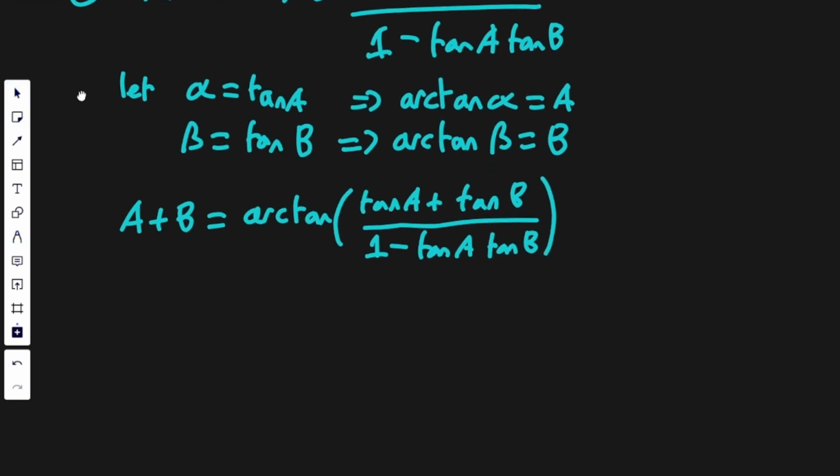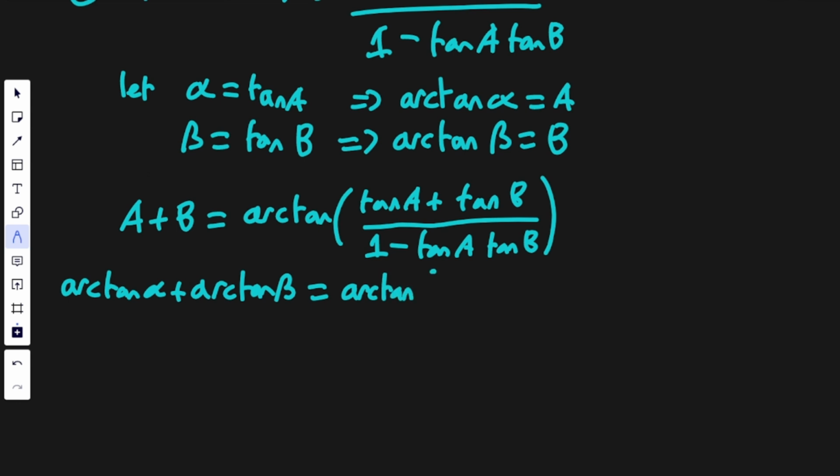Now, instead of writing A+B, we can replace it with its definition in terms of arctan of alpha plus arctan of beta. And that's equal to arctan of, well, tan A is alpha, tan B is beta, and that leaves us with this formula, identity.